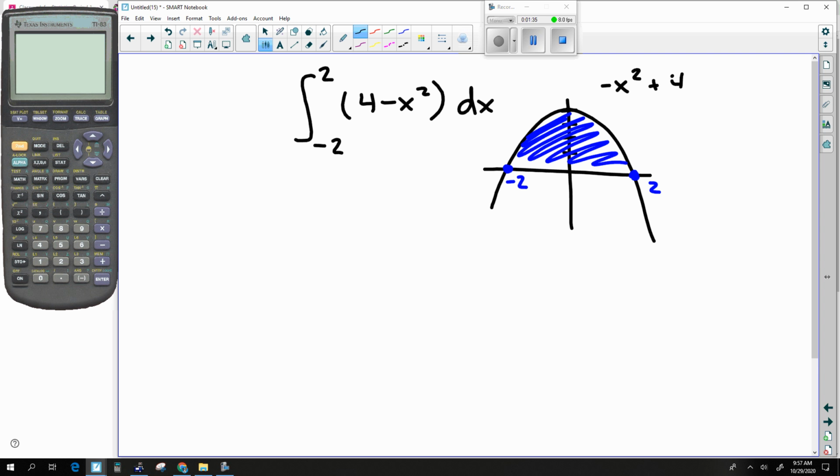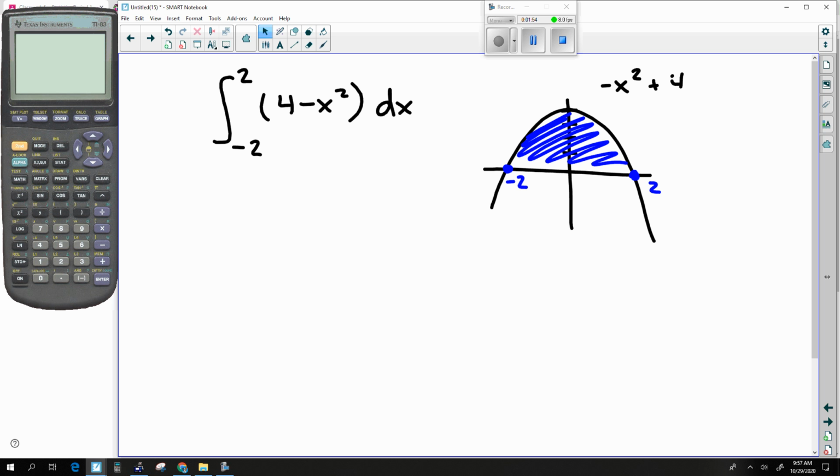This will give you the area of the blue. Sometimes there's an easy peasy way of figuring it out, if it's a simple geometric shape. But other times, like in this situation, it is not easy peasy.